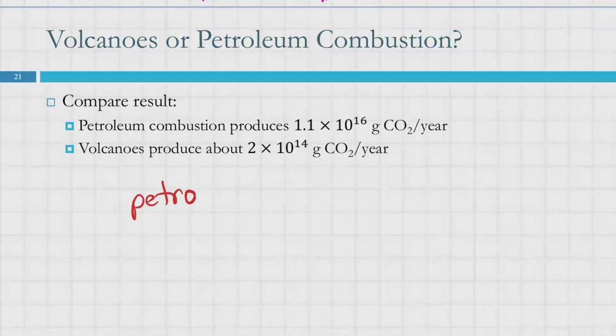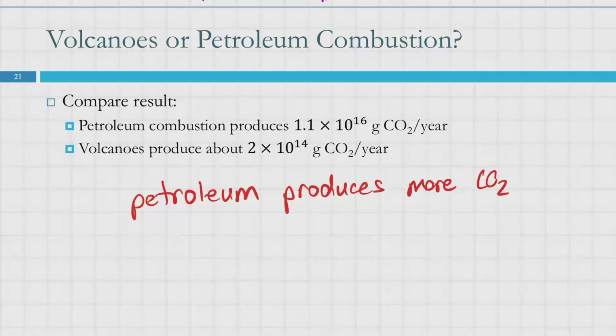Okay. So petroleum produces more CO2 by a lot. If my brain is working correctly, it's like 500 times the amount, 50 times. One of those two.